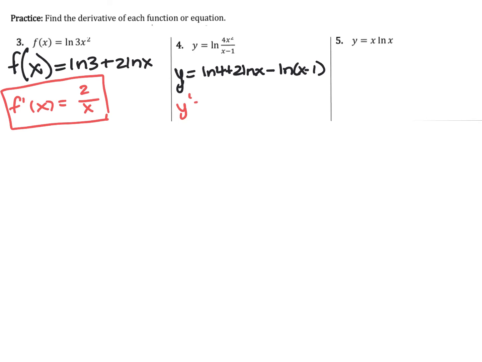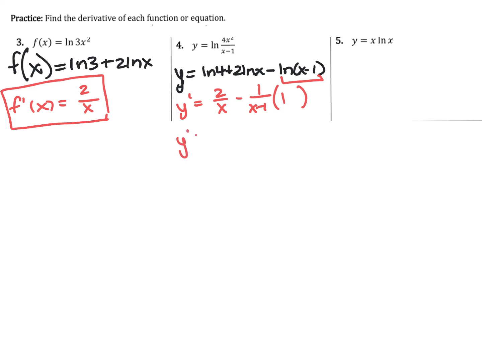And now when I take the derivative, natural log of 4 goes to 0. 2 natural log of x becomes 2 over x, minus 1 over x minus 1 times the derivative of that inside. So I have a chain rule situation happening here. The derivative of the outside evaluated at the inside is 1 over x minus 1. And then the derivative of the inside is just 1.